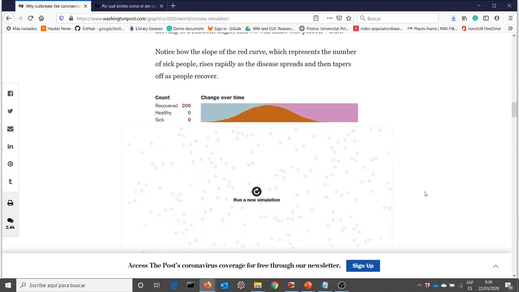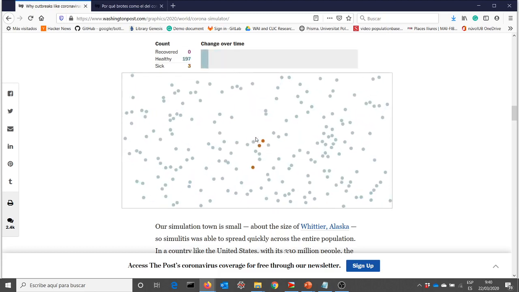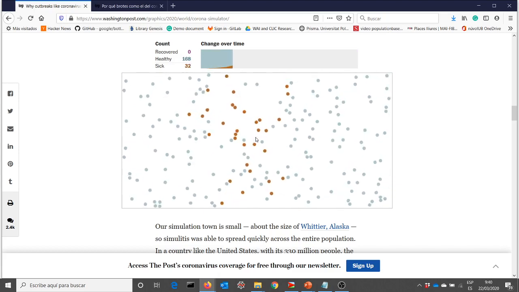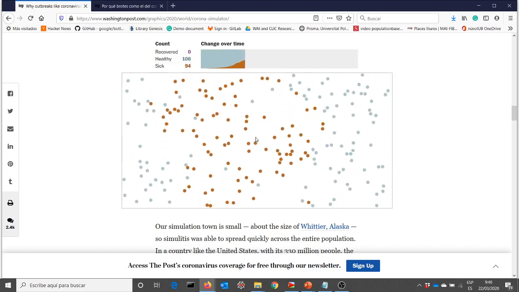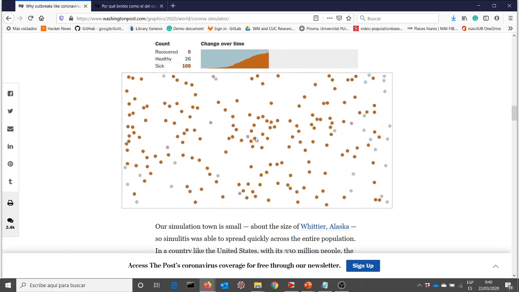And then he shows with a simulation what can happen when an initial individual gets sick and everybody in town moves randomly and interacts with each other.